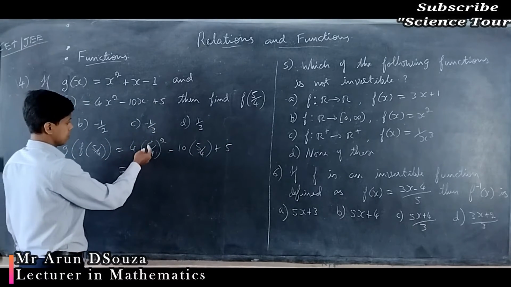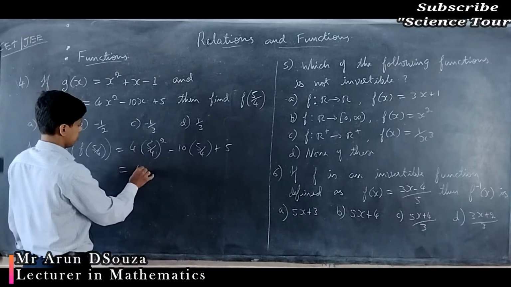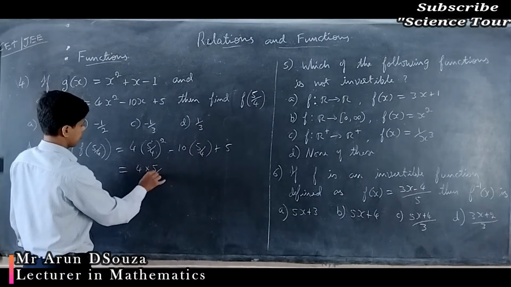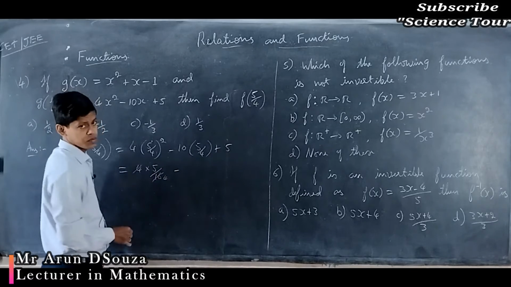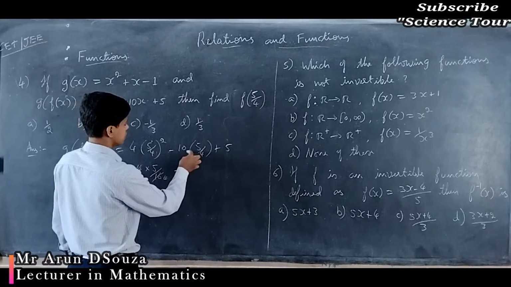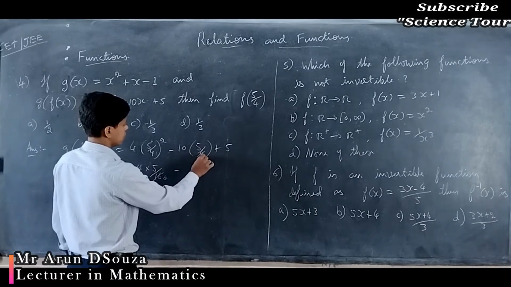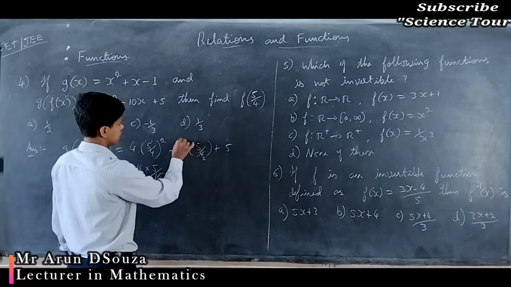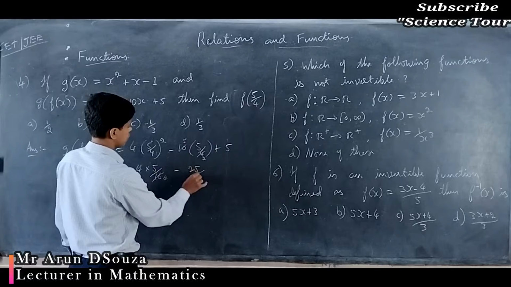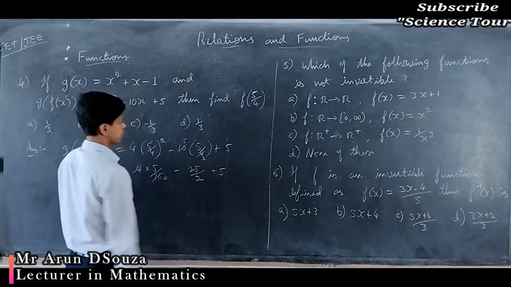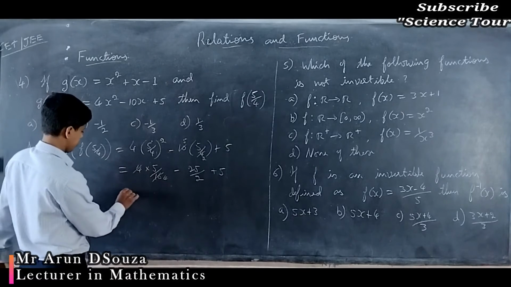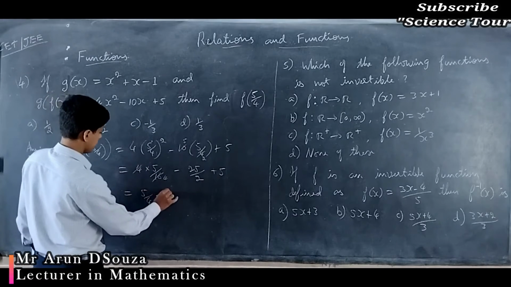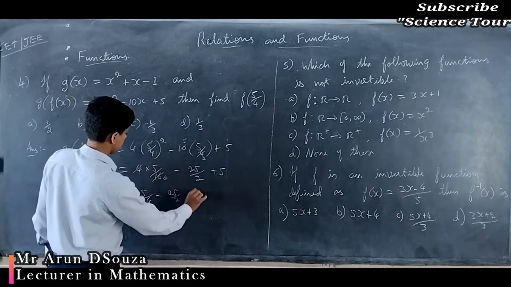This is 5 by 16, so 5 by 4 basically, and this is like 2 and 5, therefore 25 by 2. And what is this? 5 by 4 minus 25 by 2 plus 5.